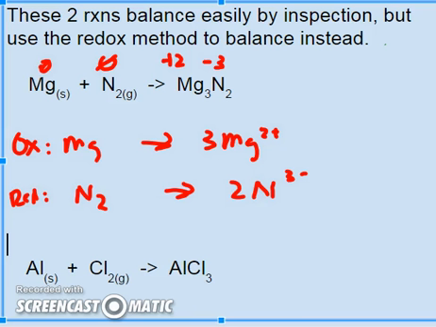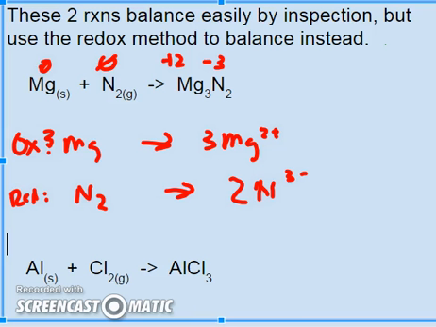And then I have to balance on each side, so I'll need a 3 here. I don't need a 2 there, it's already covered. I should have just had an N over here with a -3, and then I realize it's going to need, oh no, I'm sorry, it was already 2 in the equation, so I moved the subscript up.